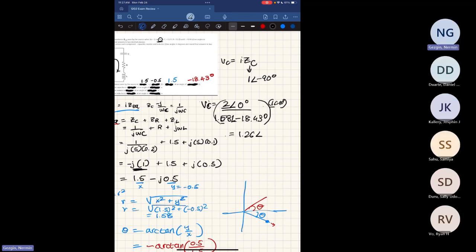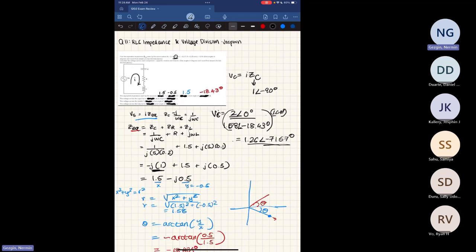Then we have 0 plus negative 90, subtract negative 18.43, so that should give us negative 71.57 degrees. So you can just plug that in. It asks for phasor format, so that's nice.